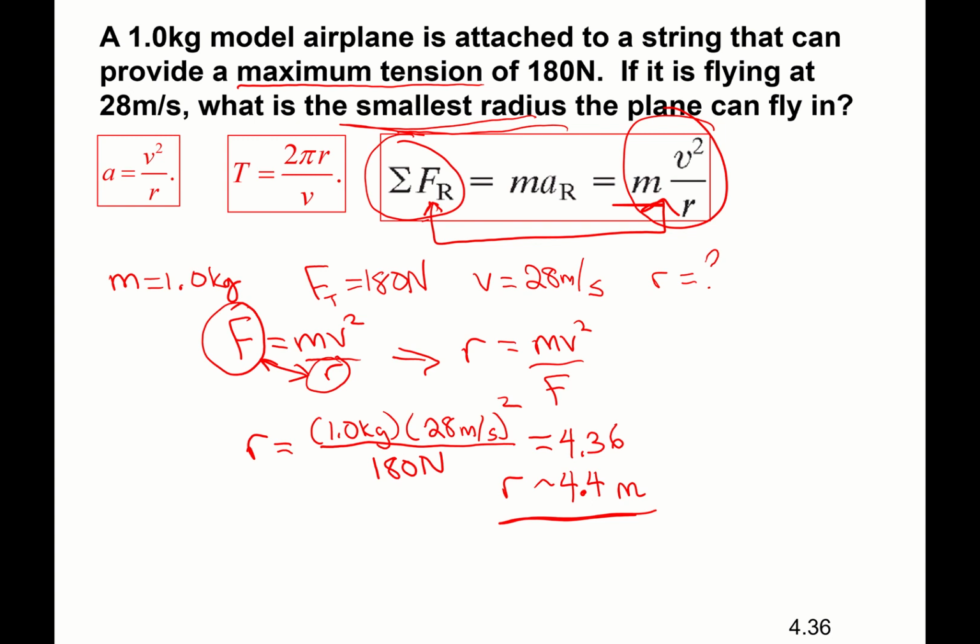If I keep pulling it in, and that force gets bigger than the maximum tension that the string can hold, then the string will break and the airplane will go flying off. So by equating the maximum force of 180 newtons to find the radius, that will be equal to the smallest radius that the plane can fly. If I make the radius bigger, then the tension in the string will be less than 180 newtons. If I make the radius smaller, then the string will break and the airplane will fly off.